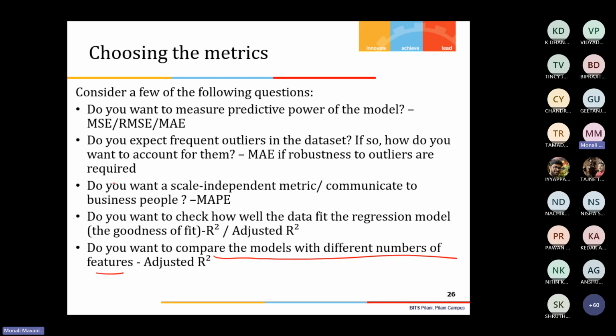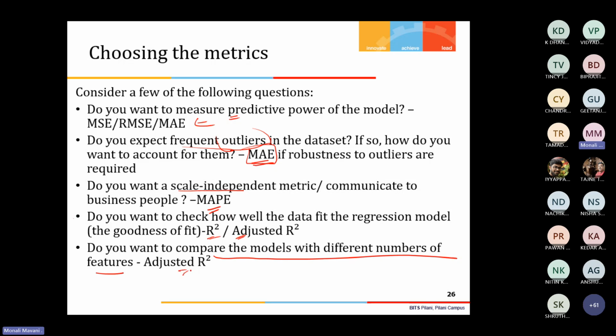Okay, so this is a simple heuristic I've written. Not necessarily will this kind of thing always work, but when you have a lot of outliers and you did a lot of outlier handling techniques before, but still your model has outliers which you cannot get rid of, maybe try MAE. For a scale independent metric in terms of percentage, you can use MAPE. When you want to know the goodness of fit of the model, then R square and adjusted R square, both you can use.